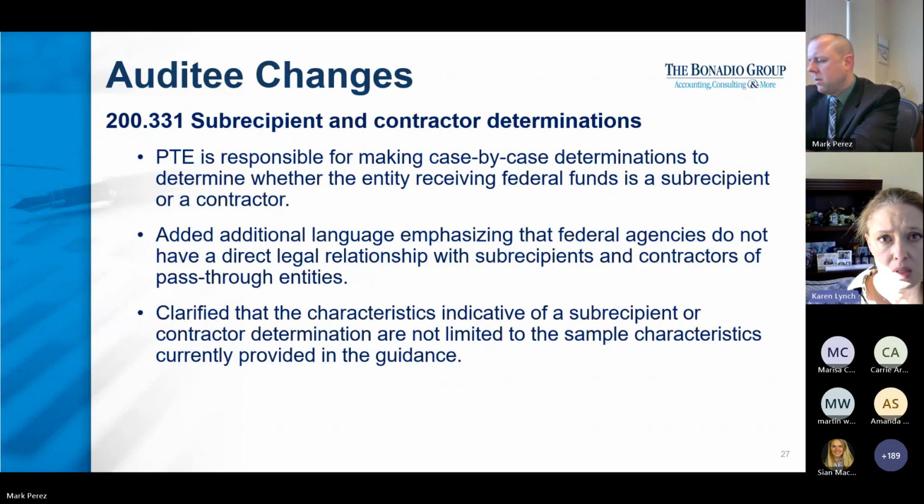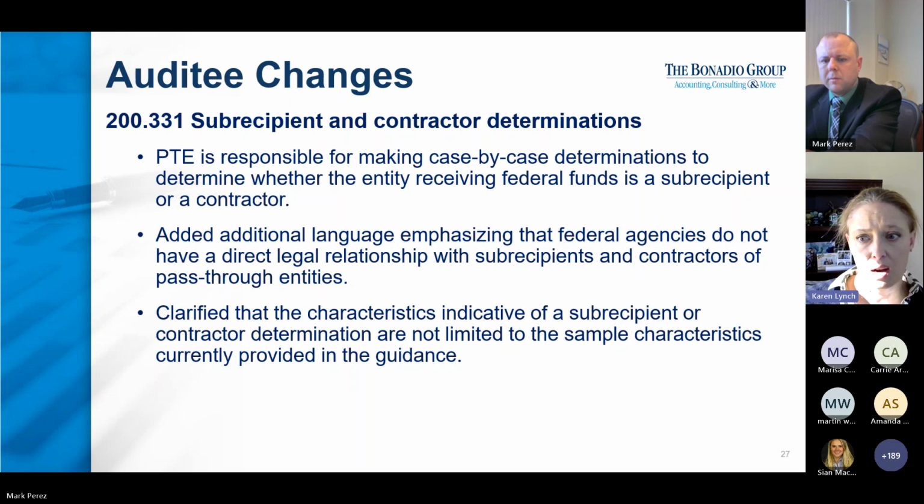So if you're a subrecipient, you are subject to all of these same requirements as if you had received the federal dollars yourself directly. And the pass-through entity that gave you the funds is responsible for subrecipient monitoring of your actions.